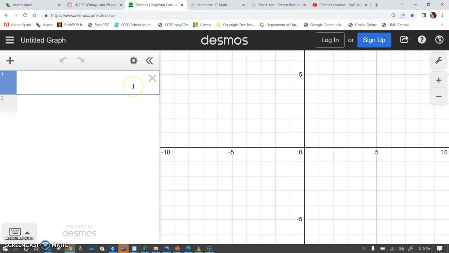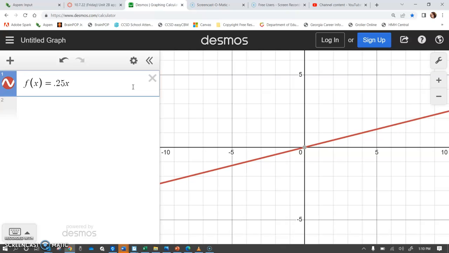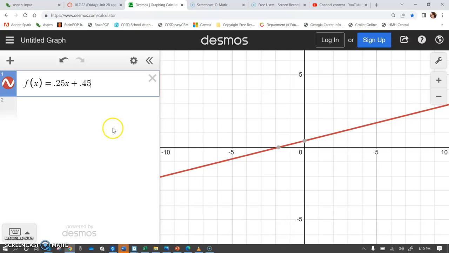Okay, so when you pull up Desmos, this is what it looks like, and you can type your function in. Our function is f of x equals 0.25x plus 0.45. Okay, so it'll graph it for you, but you're probably wondering, how does this help me?